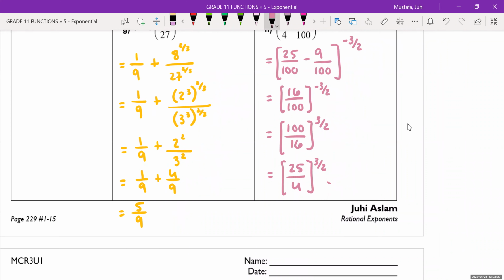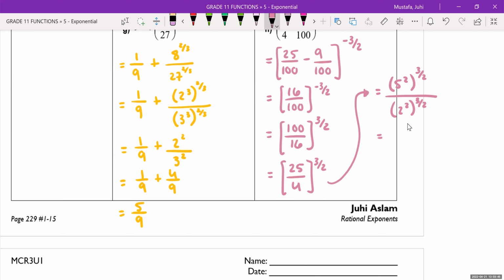And now from here, I am going to replace the 5 with 5 squared, all to the power of 3 over 2. And I'm going to replace the 4 with 2 squared, all to the power of 3 over 2.